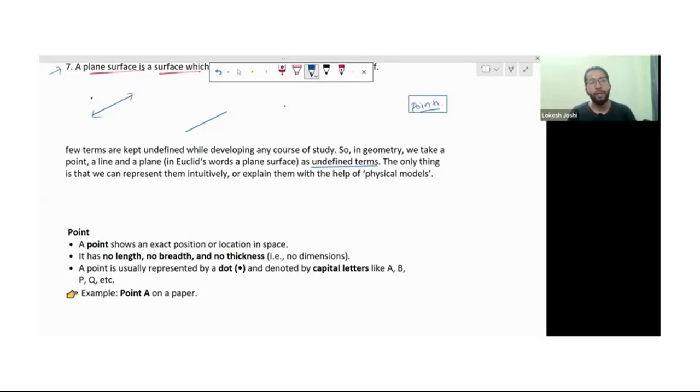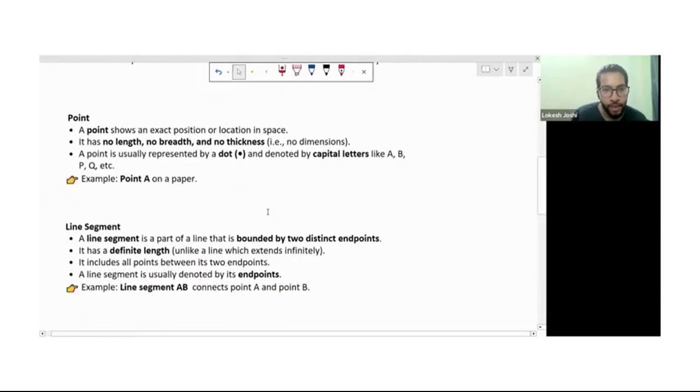After Euclid, there are some definitions which are clearer about what they are, and we will define point, line segment, and all this. Now, coming to the point: a point shows an exact position or location in a space.